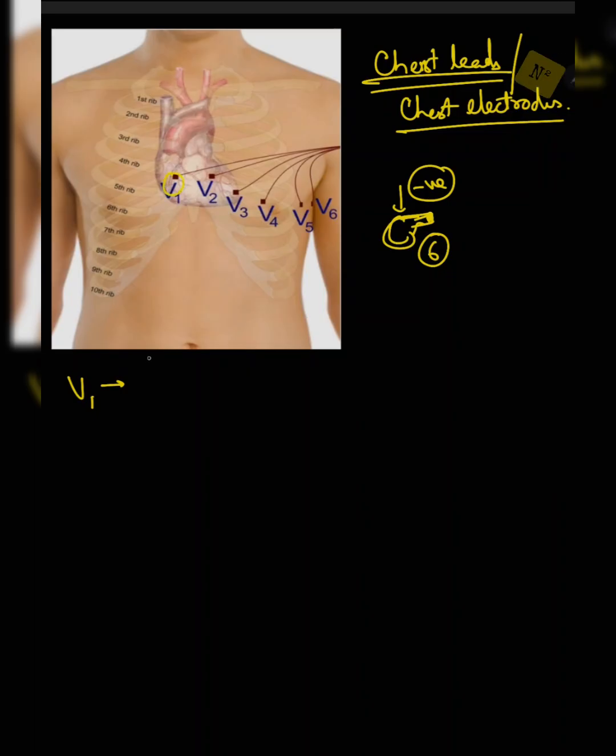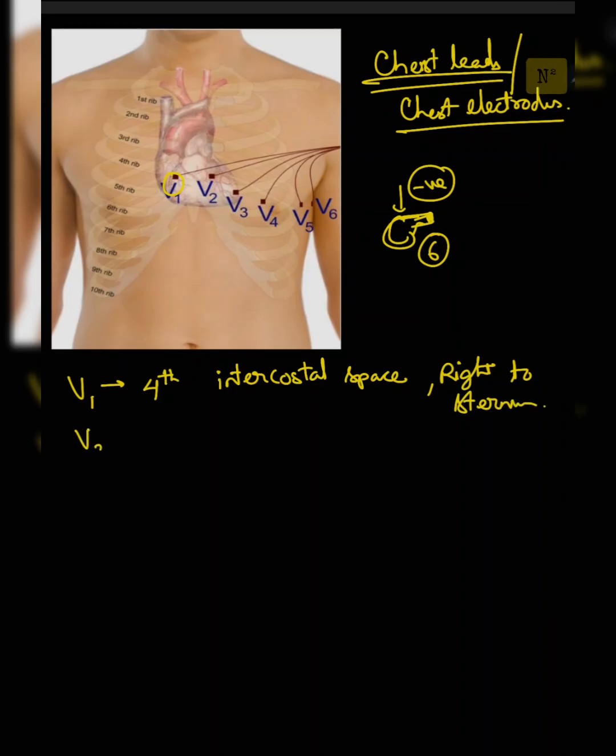Okay, so V1 chest electrode is placed at the 4th intercostal space, just right to the sternum. Okay, V2 is the same, only the 4th intercostal space just left to the sternum.